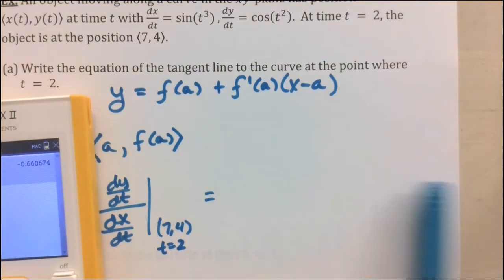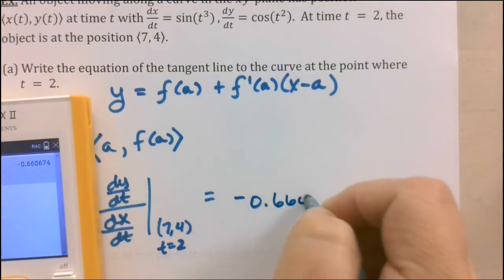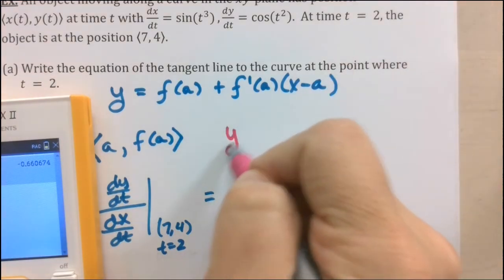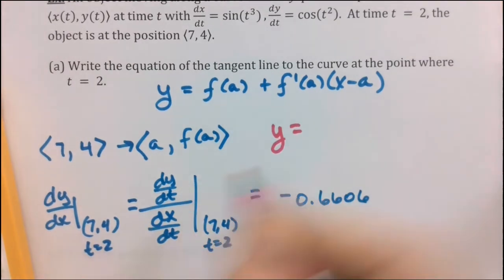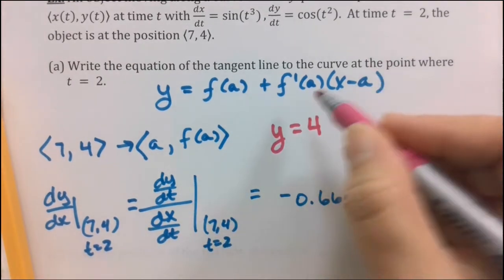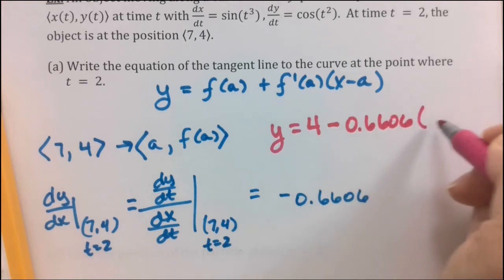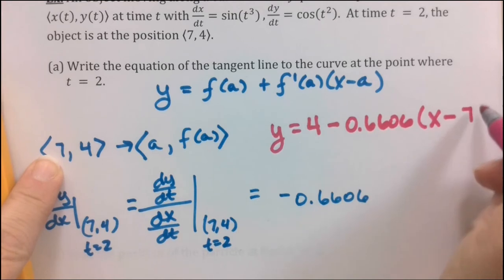And so my slope here is negative 0.6606. And so with that, we have what we need to write our tangent line equation. y is equal to the y-coordinate of the point of tangency, which is 4, plus the slope, negative 0.6606, times x minus the x-coordinate at the point of tangency, which is 7.